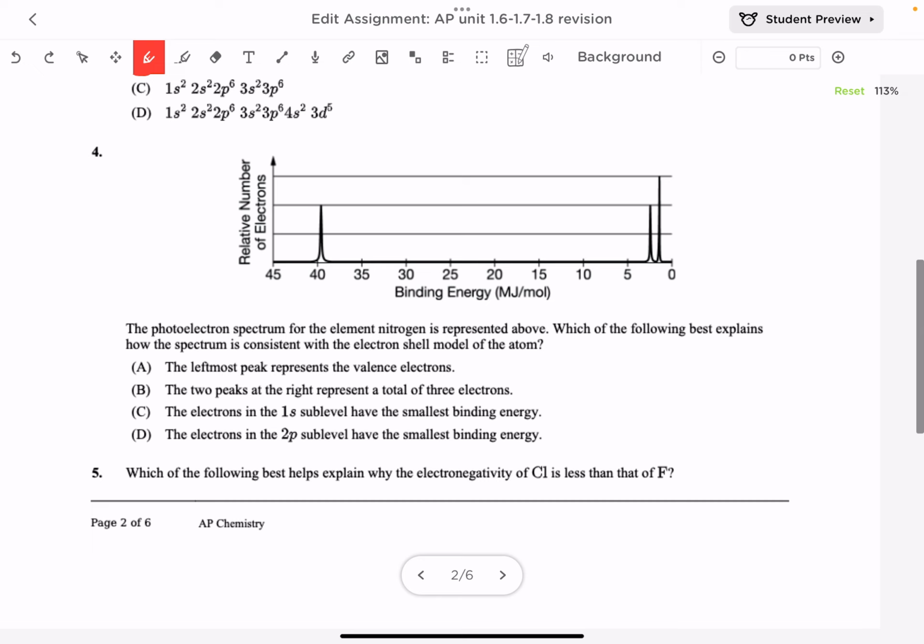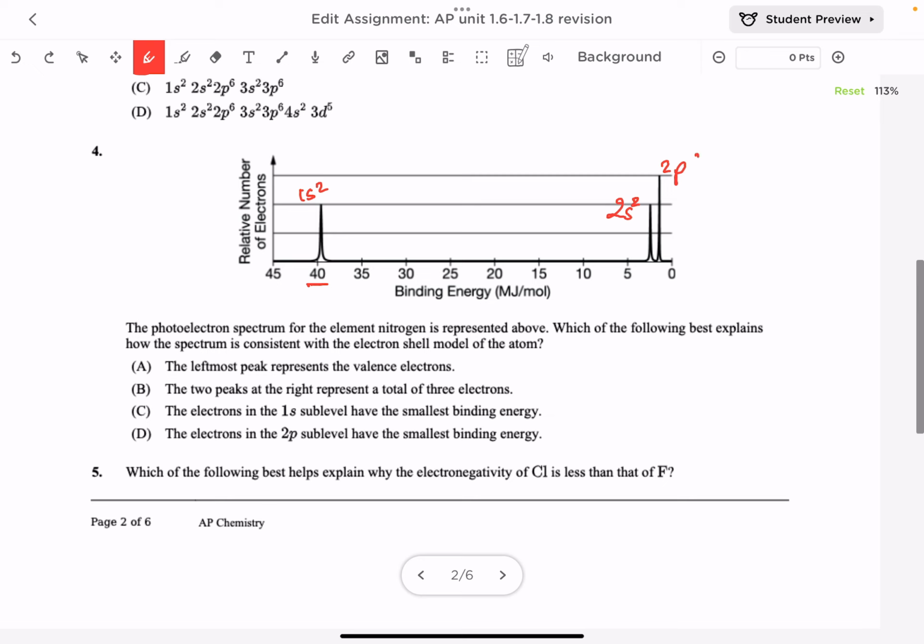So this is 1s2, this is 2s2, this is 2p3. The leftmost peak represents the valence electron? The leftmost peak represents the inner electrons? That's not correct. The 2 peaks at the right represent a total of 3 electrons?